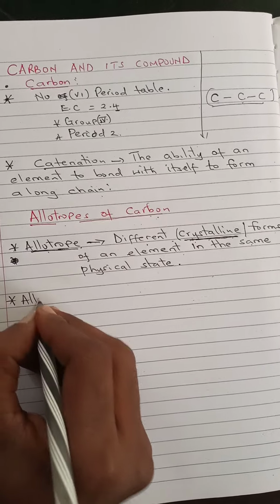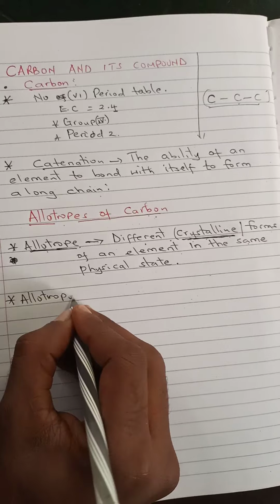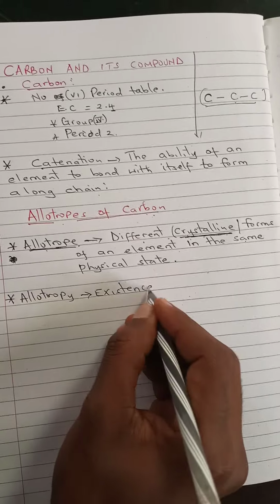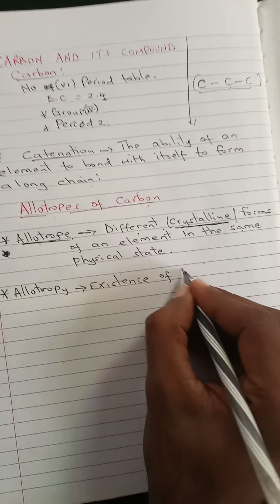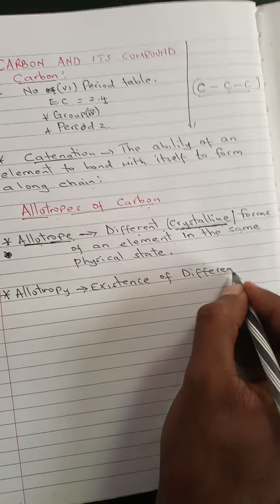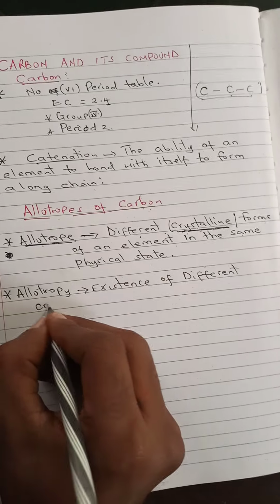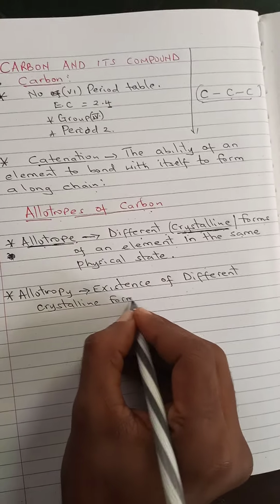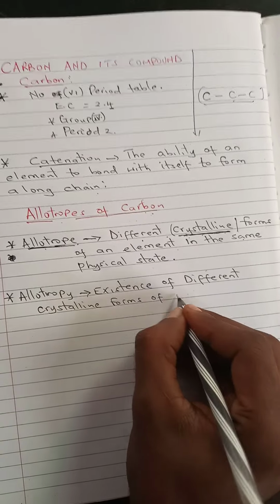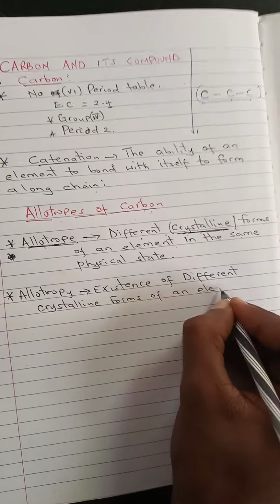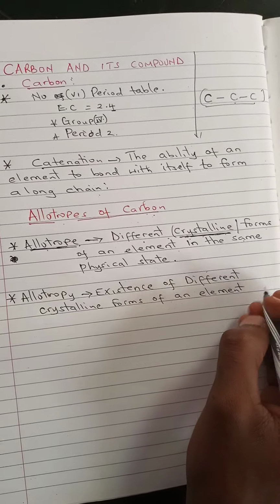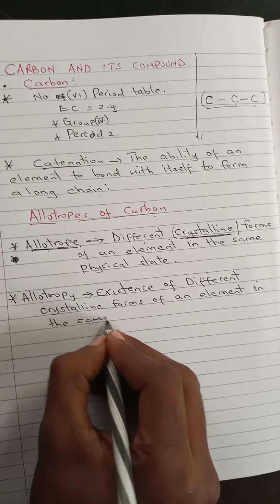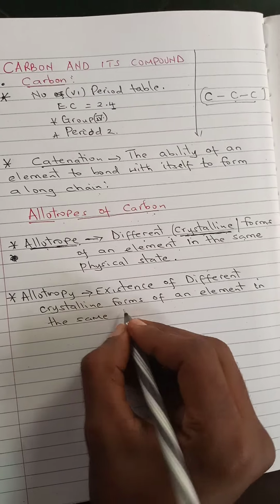So allotropy is the existence of different crystalline forms of an element in the same physical state.